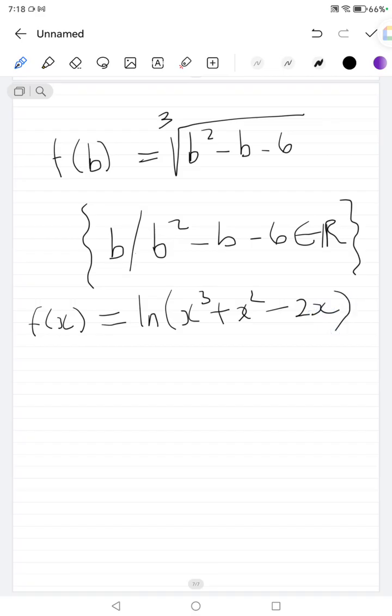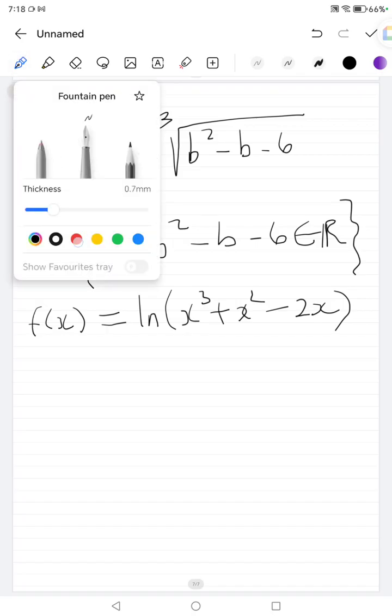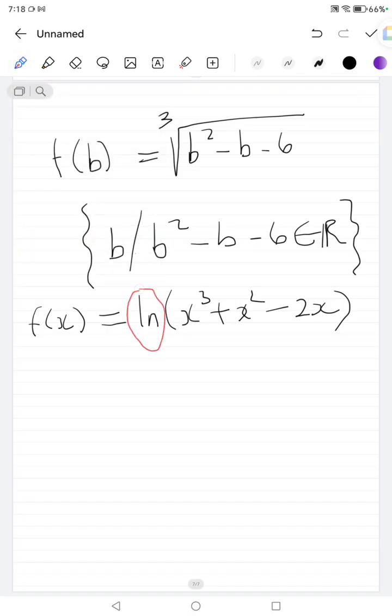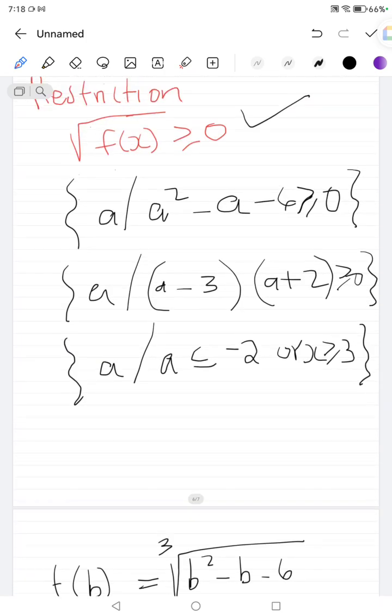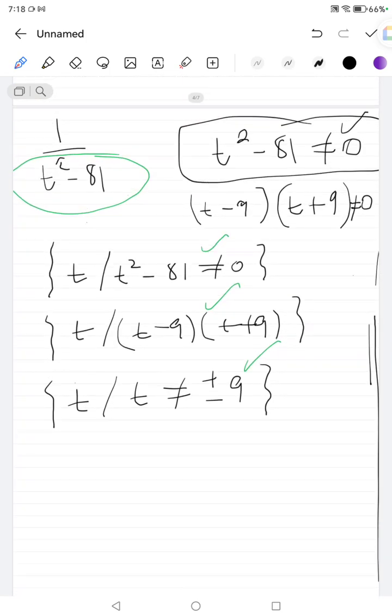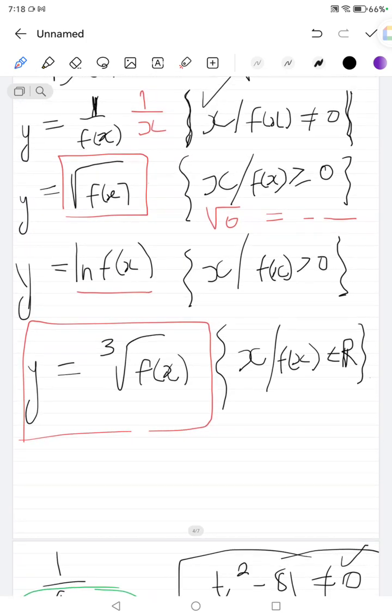So you're having something like this, and remember, this should be coming from your ln, and with your ln, the only restriction that you are having is that the argument of the ln should always be greater than 0, or else you're going to be getting an answer that's undefined.